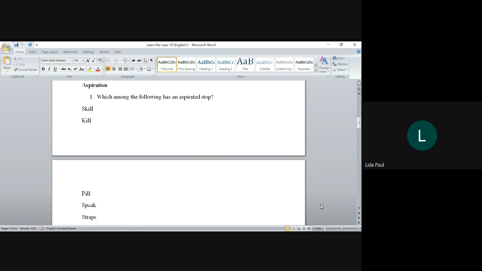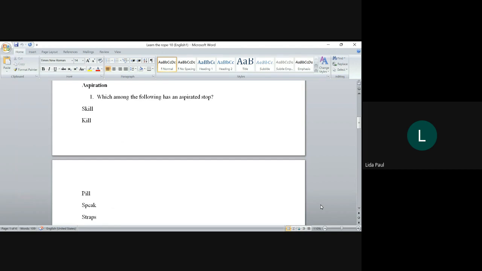What's the condition? They must be present as the first sound of the stressed syllable in a word. Okay, only if pa, ka, or ta appears in the beginning of the stressed syllable of a word, then they take aspiration. In all the other contexts, they are without aspiration.